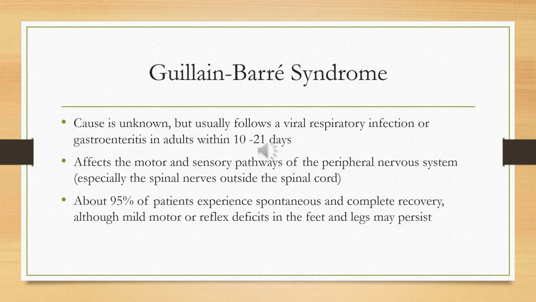So Guillain-Barré syndrome. Now, this is an acute, rapidly progressive disease that causes muscle weakness and some mild distal sensory loss. The exact cause of this is unknown, but typically it follows a viral respiratory infection or some type of gastroenteritis in adults, about 10 to 21 days after the infection occurs.